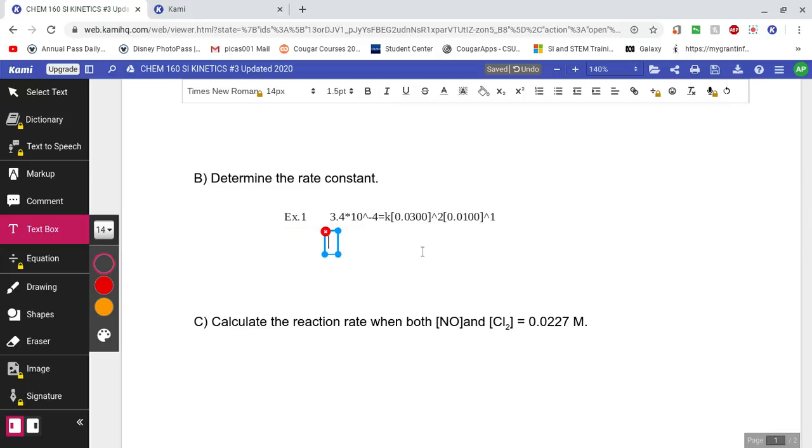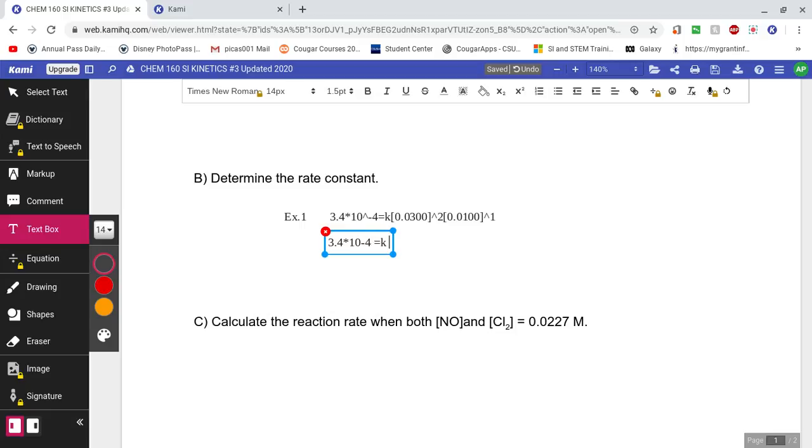Perfect. So now we have 3.4 times 10 to the negative 4 is equal to k times 0.0300 squared times 0.01 to the power of 1.